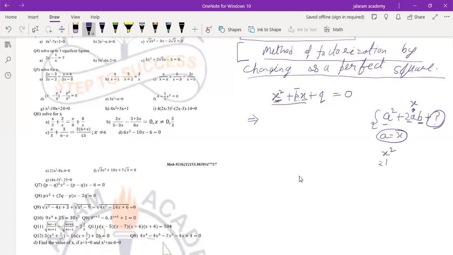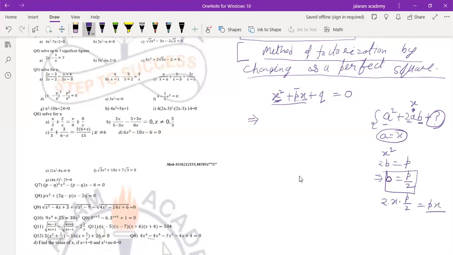So if we take 2b equals to p, that is b equals to p by 2. b equals to p by 2. Understood? So 2ab means 2 into, in place of a, x, into, in place of b, it is p by 2. So it is px. Okay.